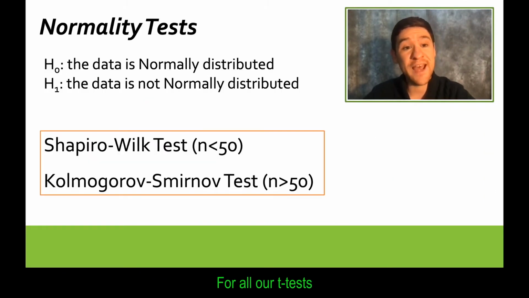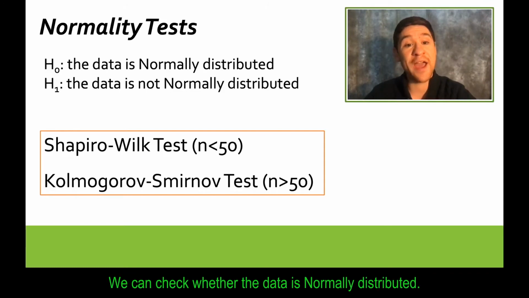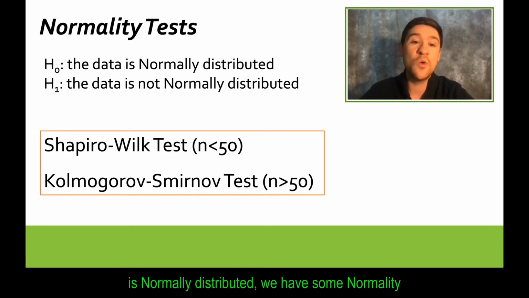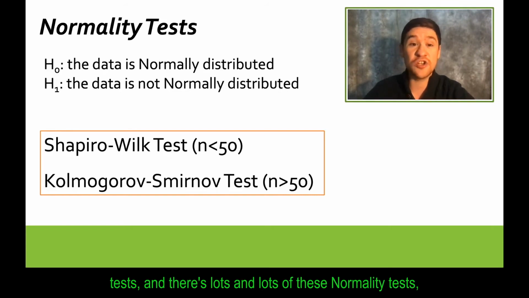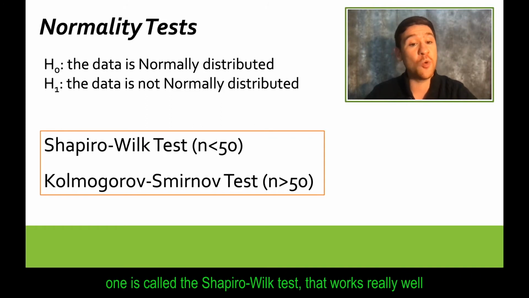For all our t-tests, normality was an important assumption. We can check whether the data is normally distributed. So if you've got a sample and we want to know if the population is normally distributed, we have some normality tests. And there's lots and lots of these normality tests. Two that I'm going to point out to you here. One is called the Shapiro-Wilk test.